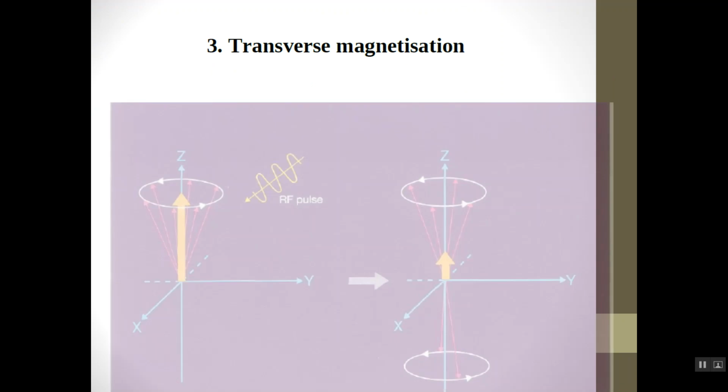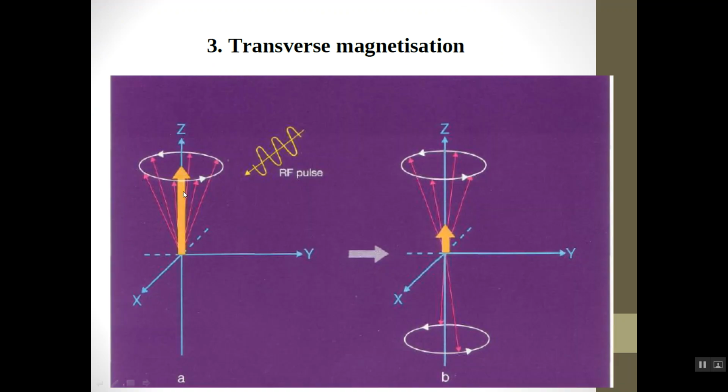So now I have explained longitudinal magnetization, which is obvious for all of us, in the direction before applying the radio frequency pulse. The longitudinal magnetization here is due to the protons which are aligned in the direction of the main magnetic field.